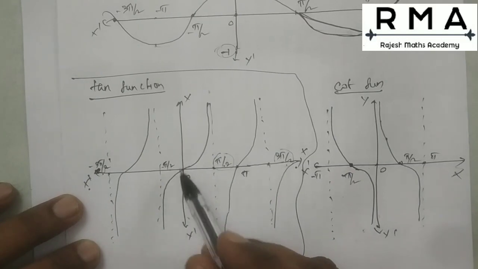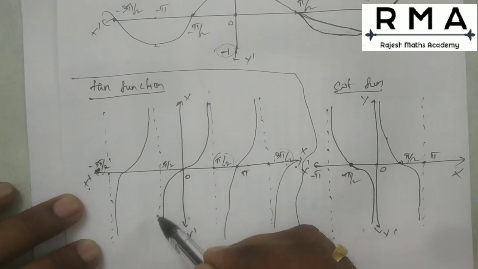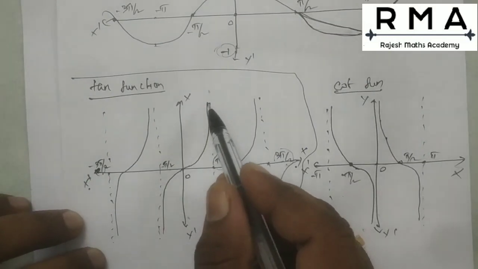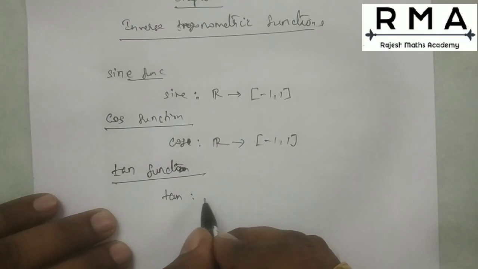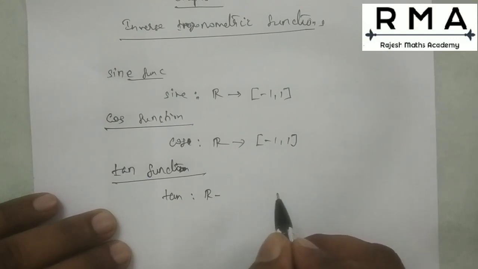The codomain, that is the range set, is all real numbers. The tan function takes all real numbers as its range. So the tan function has domain real numbers except pi by 2, 3 pi by 2, 5 pi by 2.